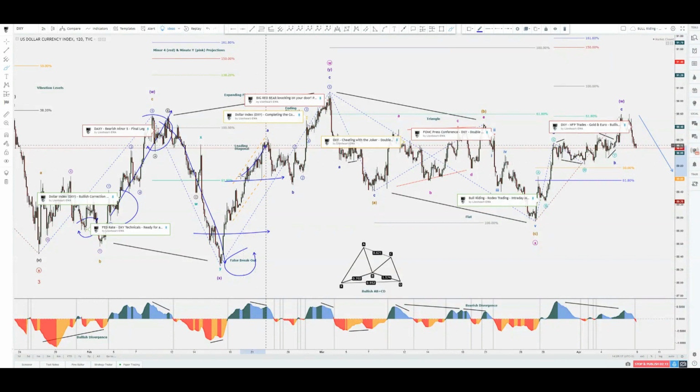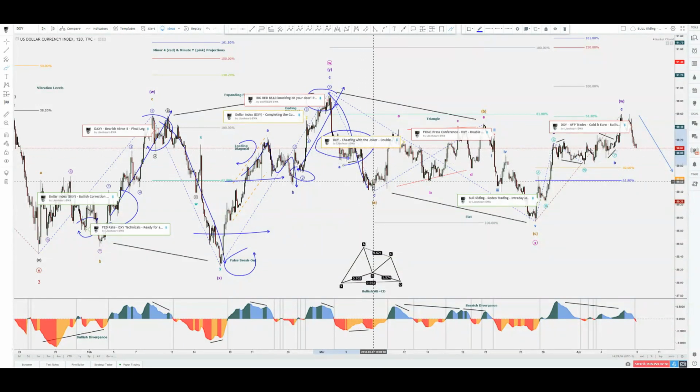So when I saw this leading diagonal, I said we could have a correction, and then it went a zigzag here in the B, which was confirmed. This idea, shooting for the upside, was posted somewhere around here, and then it went on the upside. Then I spotted a divergence at the end, on an ending diagonal, shooting for the downside. After that, I noticed this triangle, which couldn't possibly be a good sign for a five-wave sequence on the downside.